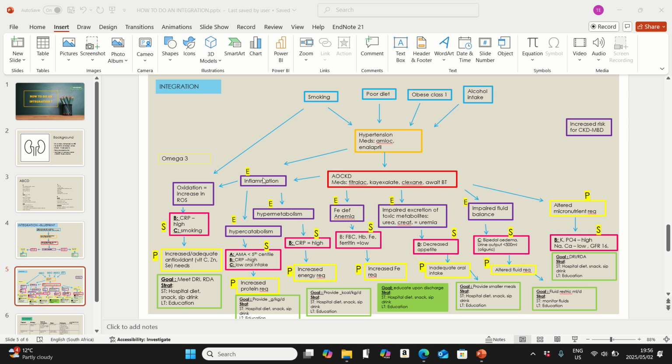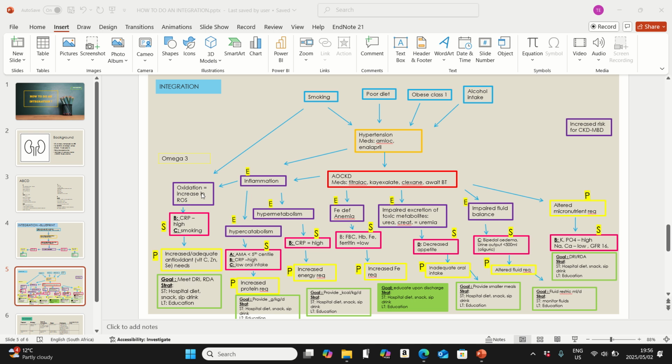But now there is inflammation that we notice immediately because of the CRP being high. It's 40, right? The normal level is 10, it's 40, so 4 times greater than the normal level. And that's because of the kidney dysfunction. So we have inflammation. And inflammation also causes an increase in oxidation and reactive oxygen species.